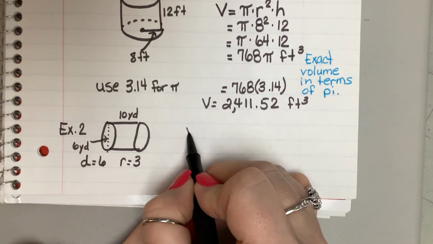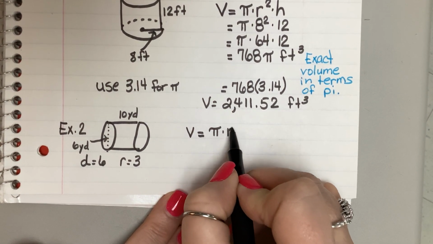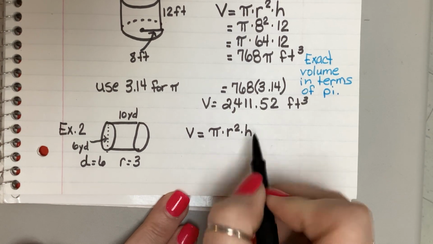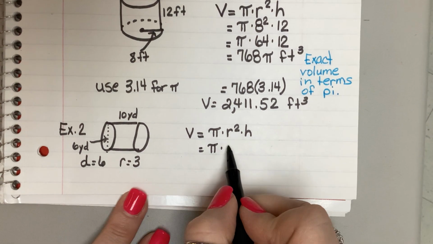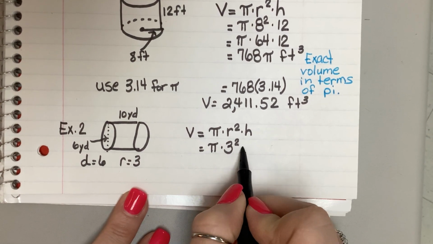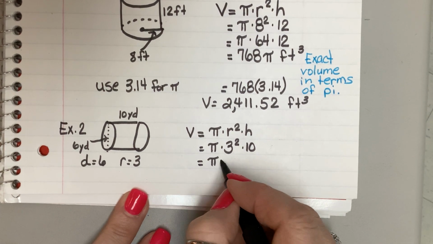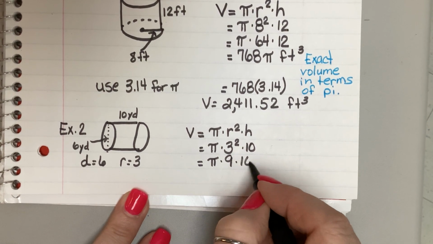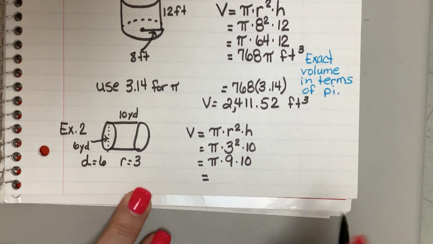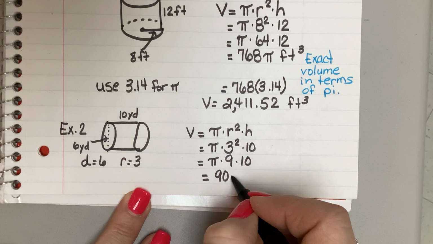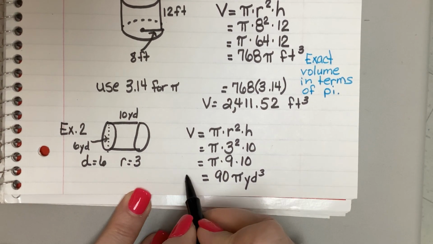So I'm going to do volume equals pi times radius squared times height. So pi times 3 squared times 10. Pi times 9 times 10. What would it be in exact terms of pi? 90 pi yards cubed.